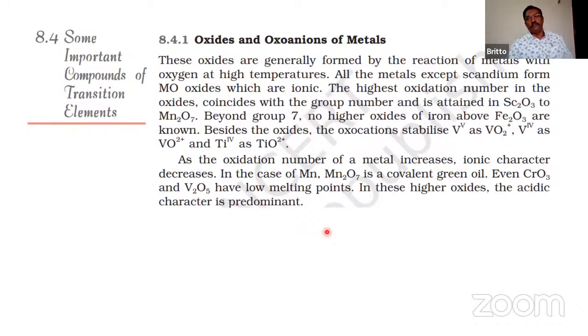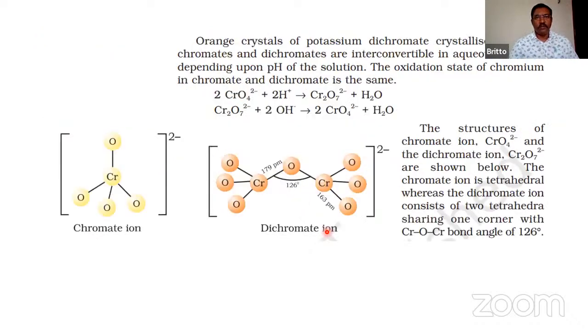And then the higher oxides are generally acidic in nature. Oxidation number increase ஆக ionic character decrease ஆகுது, they become covalent in nature. Higher oxides become acidic in character, so remember that one.